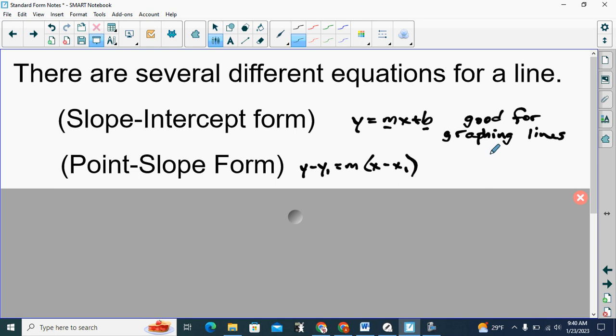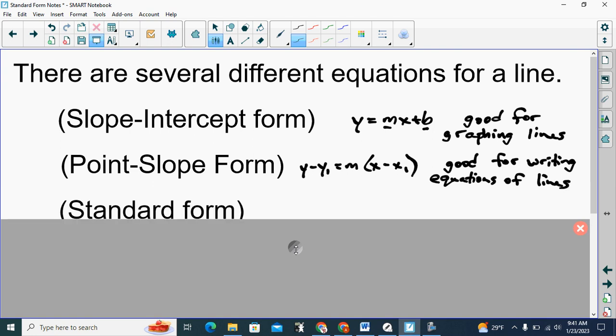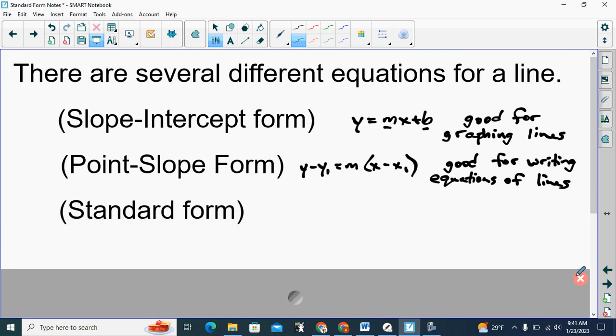We've been working with that for the last couple weeks, and this is good for writing equations of lines. It's nice because we don't need the y-intercept. We can use any point in point-slope form. And the third one, standard form.